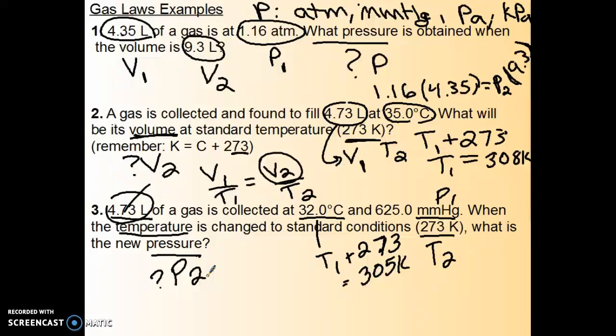So we must be using the P1 over T1 equals P2 over T2 equation. And the thing we're solving for is our P2. So once again, the temperature needs to be multiplied on both sides. So T2 would move over here to the numerator when you multiply it on both sides, and it would cancel out on the right side. You plug in your values and you solve, and that would give you your final pressure.